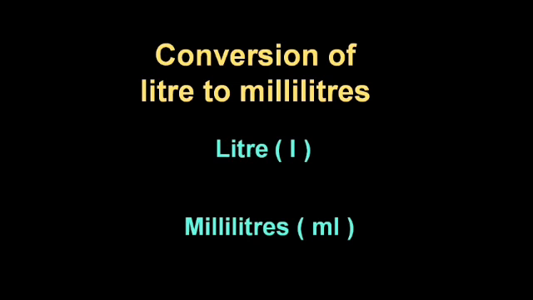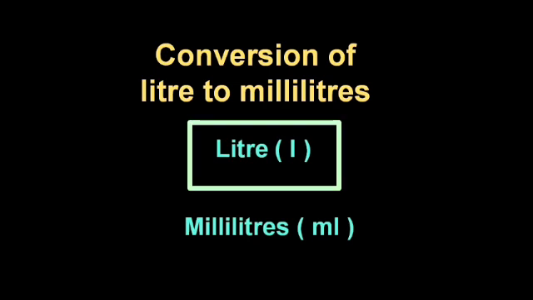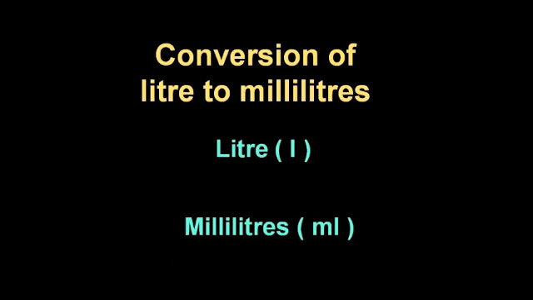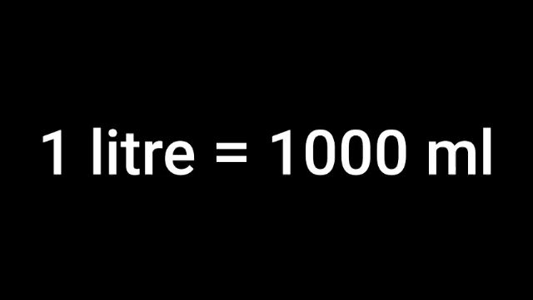Whenever we measure liquid substances, we use the unit liters. Liter is denoted by capital L, and milliliter is denoted by ml. Liter is greater than milliliter. 1 liter is equal to 1000 milliliter.